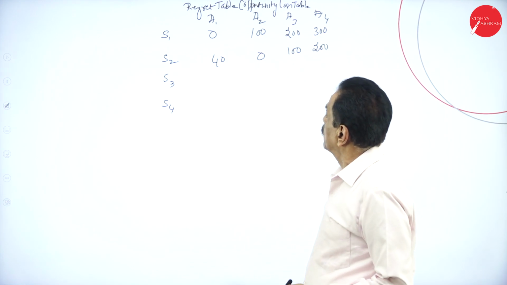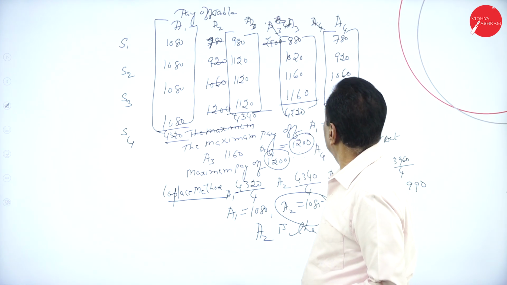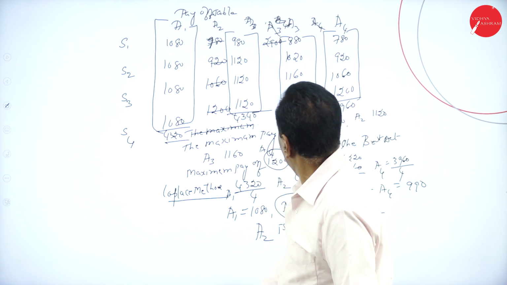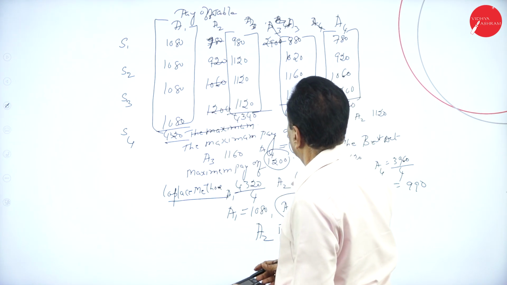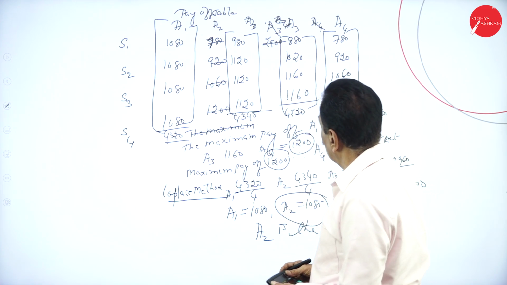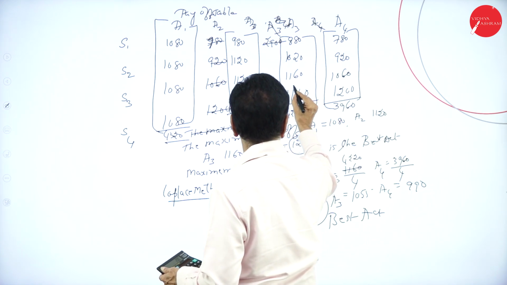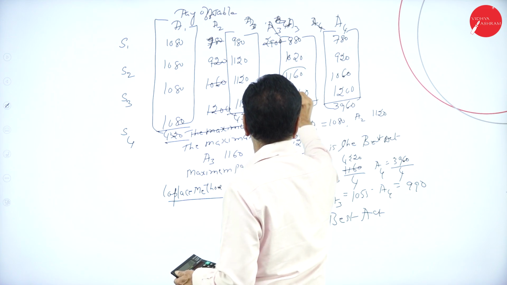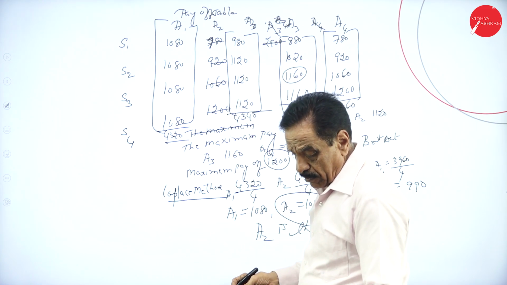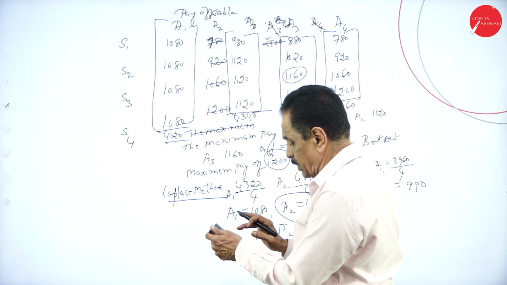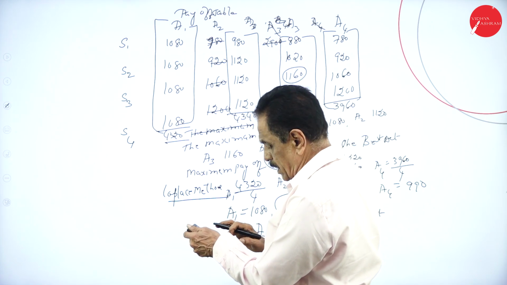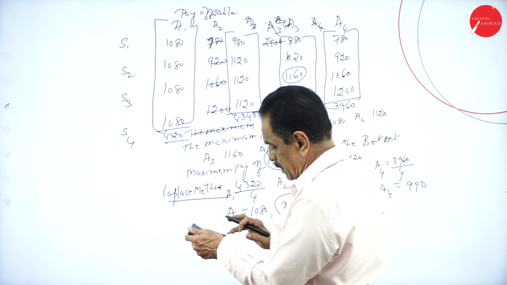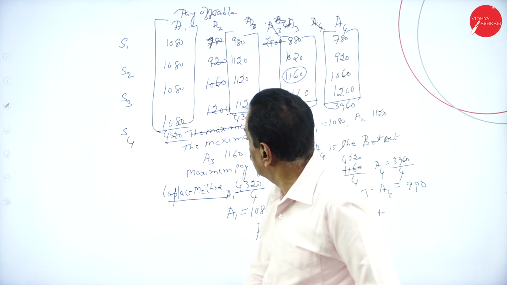Then third one here. Which is the highest one? Once again, 1160 is the highest one. So 1160 minus 1080 is equal to 80.